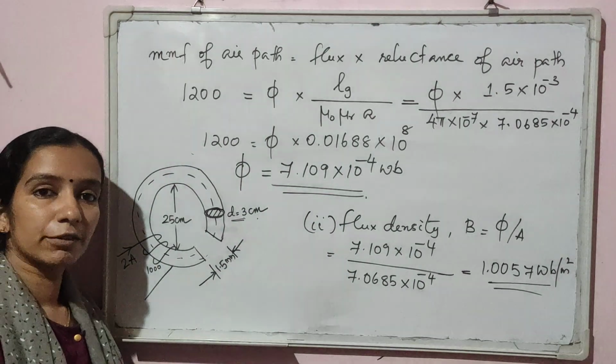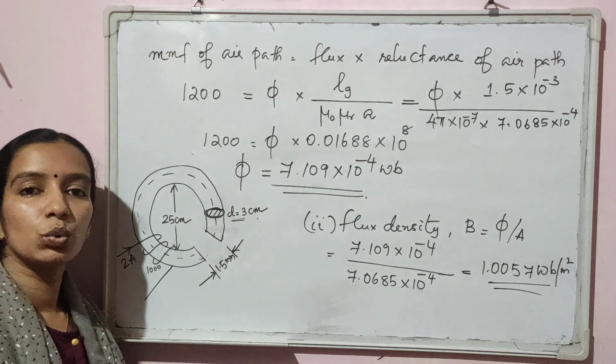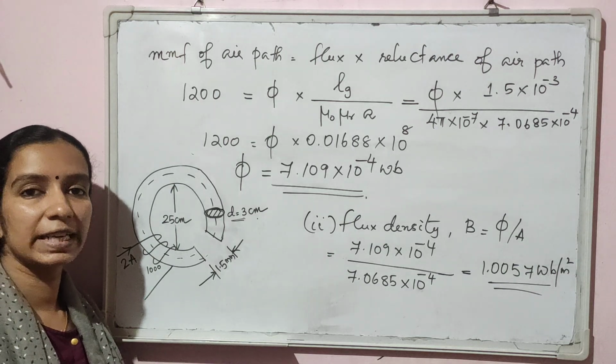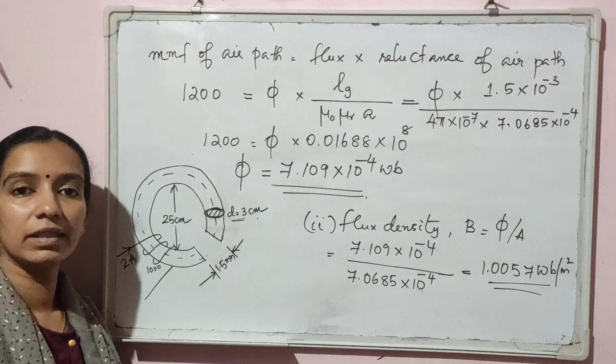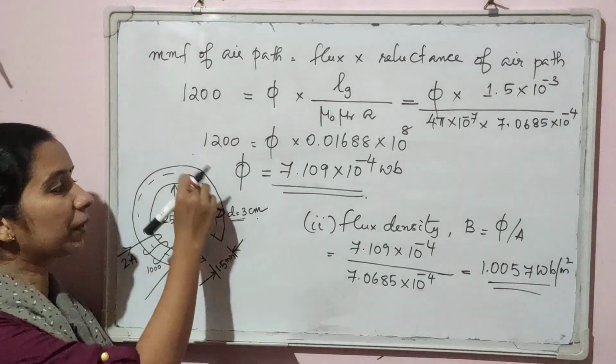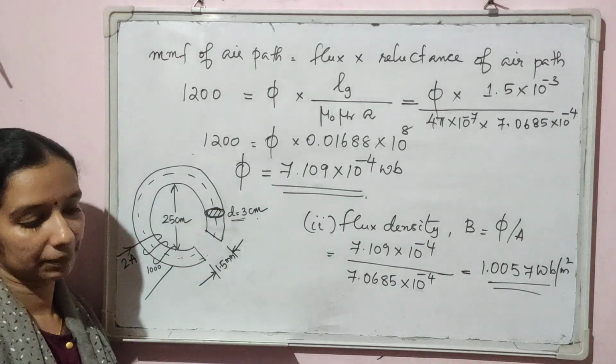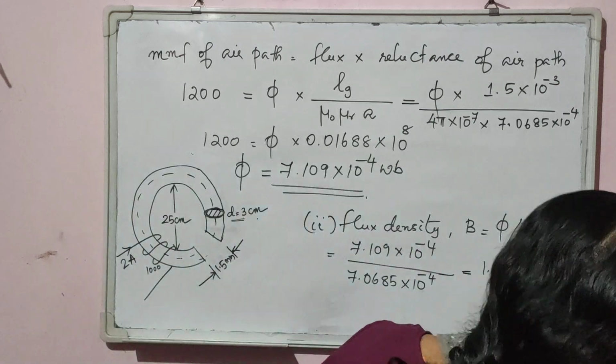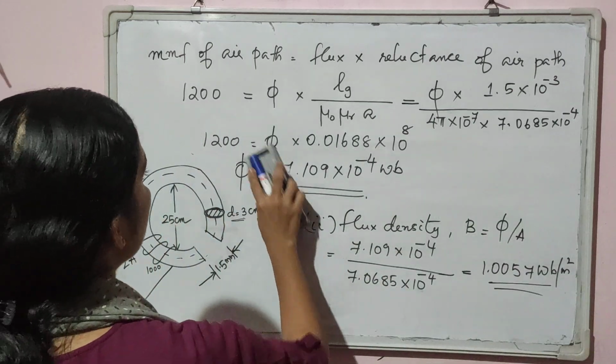So we got the answer for subsections 1, 2 and 3, and the final question is to calculate the relative permeability of steel. So let us calculate the relative permeability of steel.